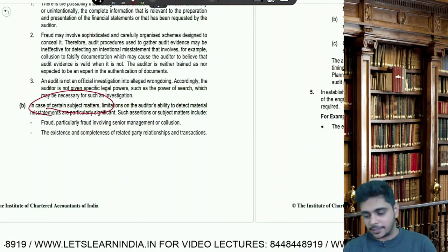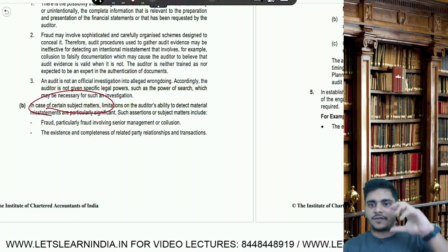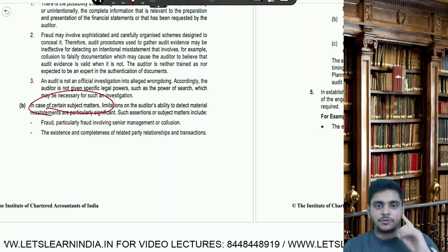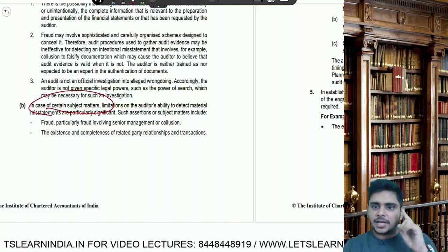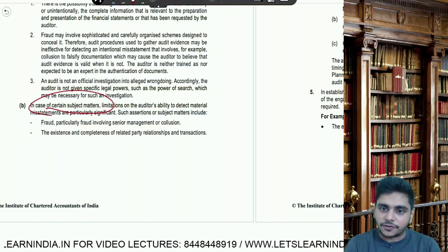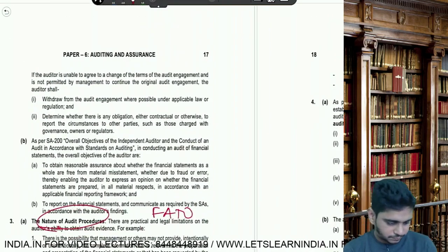If you see, both the questions they have asked, the answer is FATO. You will find it in the chapter on nature of auditing. The question was different, but the answer is the same. So that's the reason we have marked this.